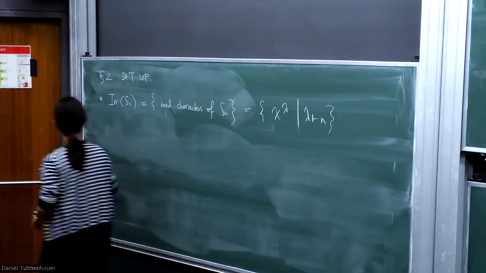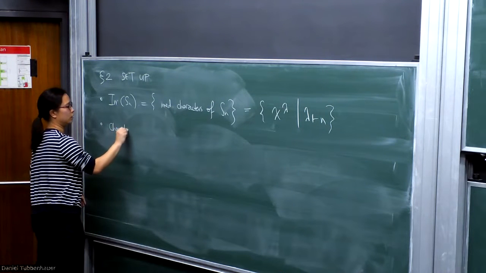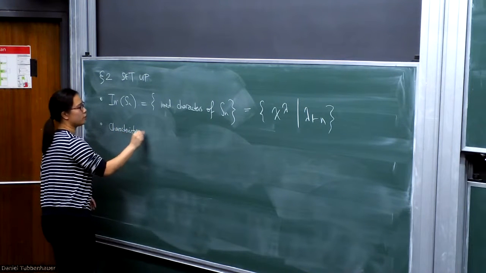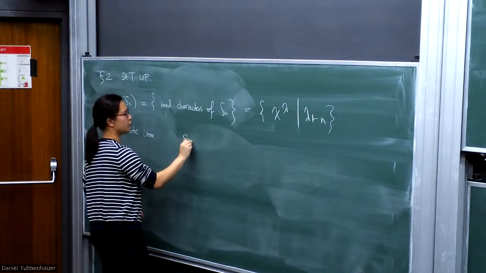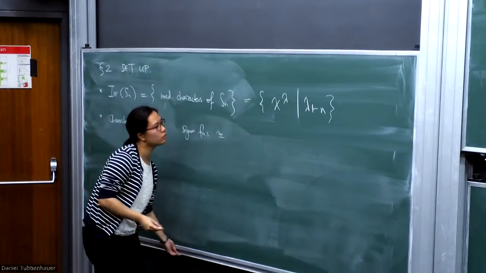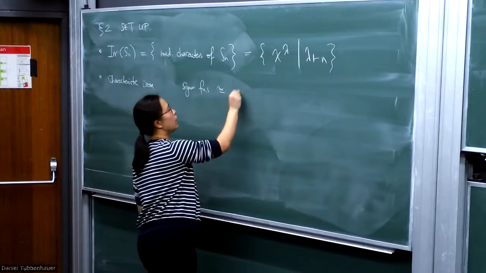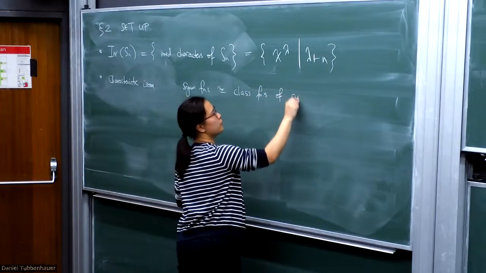So then the Frobenius characteristic isometry allows us to translate from symmetric functions to class functions of symmetric groups.